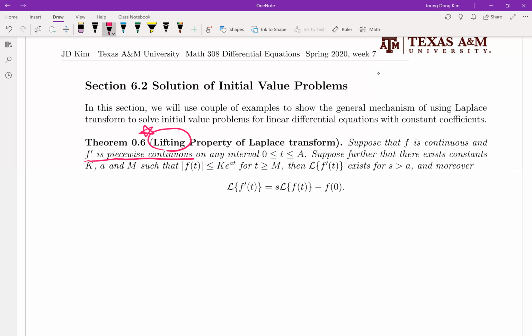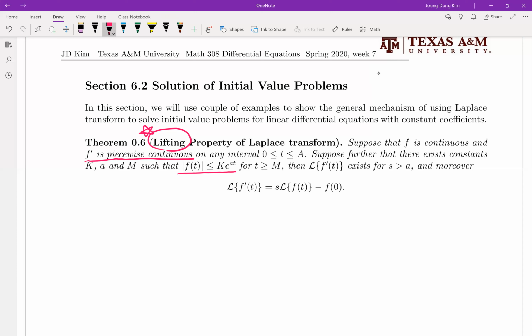And another one, we already talked about this, is the exponential order, right? The absolute value of your function must be less than k times e to the a t, okay? Then we guarantee you must have the Laplace transform of your function, right?